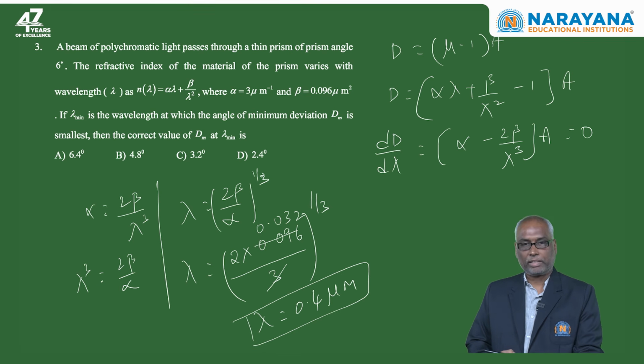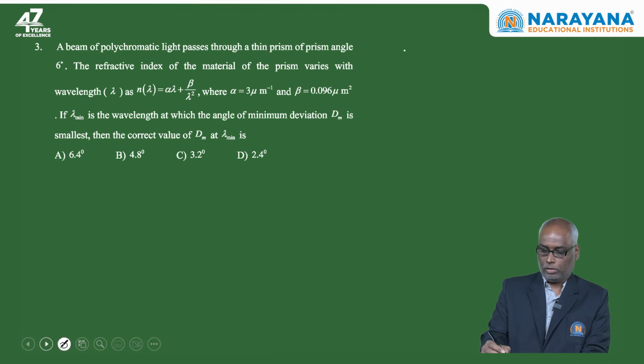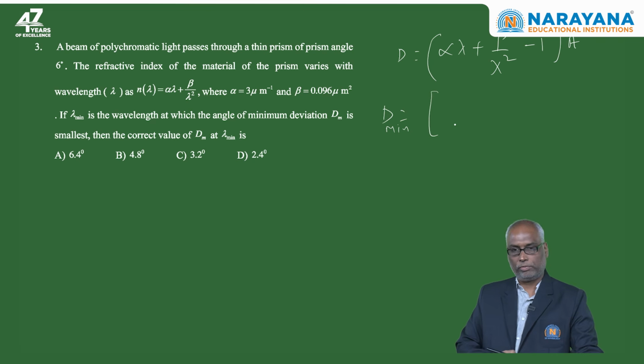So, let us calculate that minimum deviation. Deviation is nothing but equal to alpha lambda plus beta by lambda square, minus 1, into A. If this should be minimum, we have already calculated the value of lambda for which this deviation is minimum.